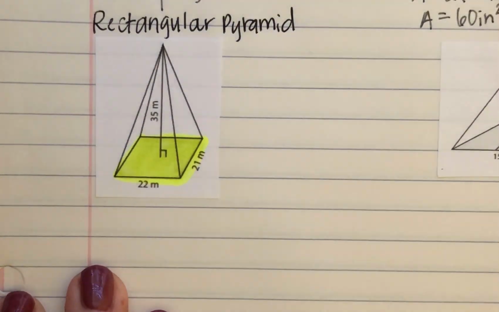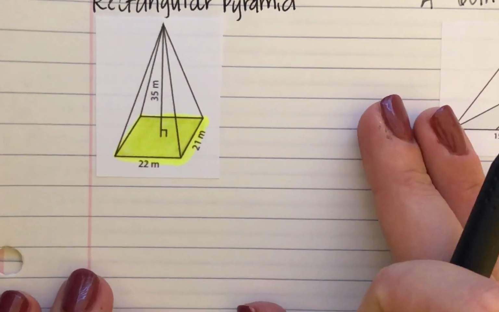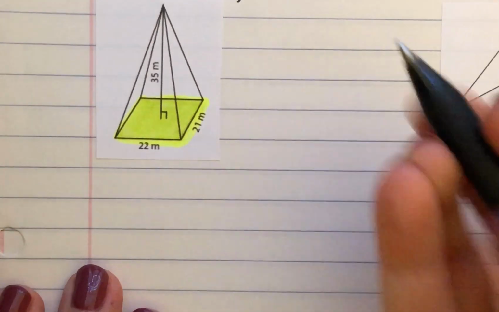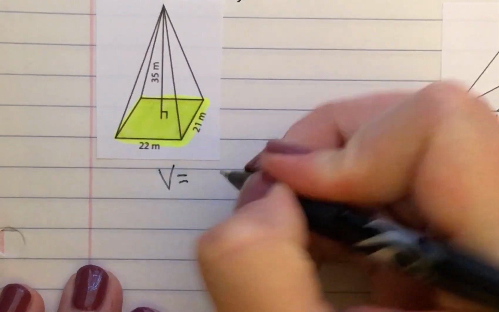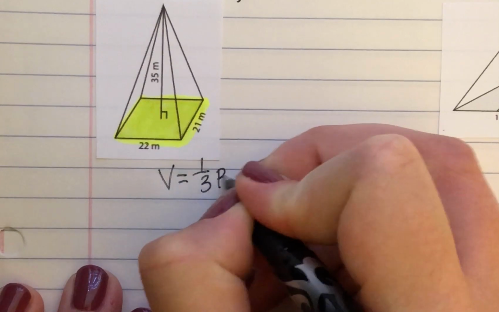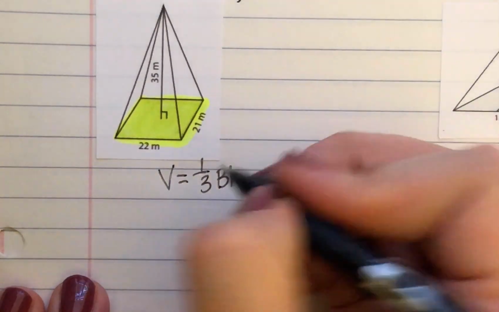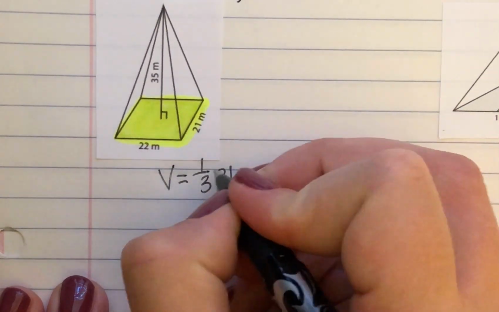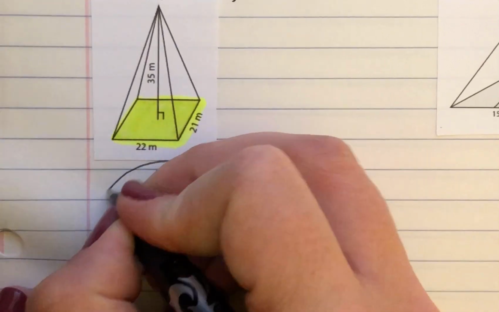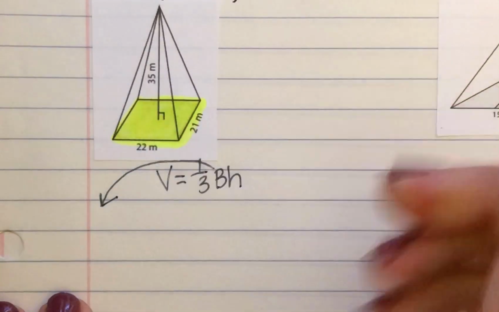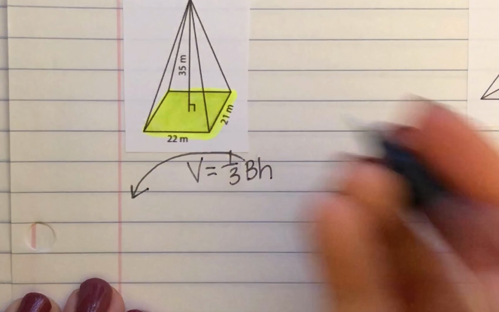Okay, all right, so same process. Hopefully at this point you know exactly what formula we're gonna be writing. V equals 1/3 of capital B times H. We're not given the information as to what capital B is in this case. We do know what shape it is though, so we can definitely use that information.